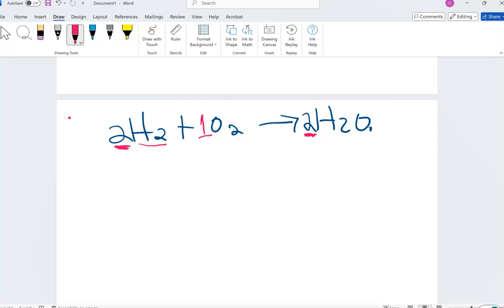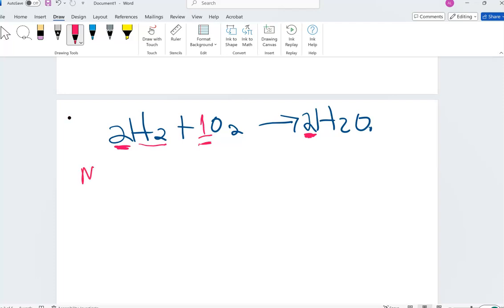I need 1 mole of oxygen, and I need 2 moles of water. So these coefficients represent the number of moles needed for the reaction to take place.